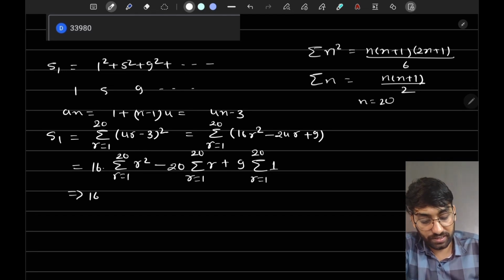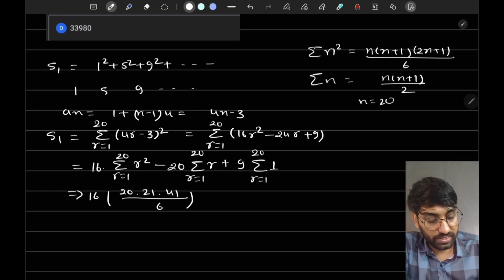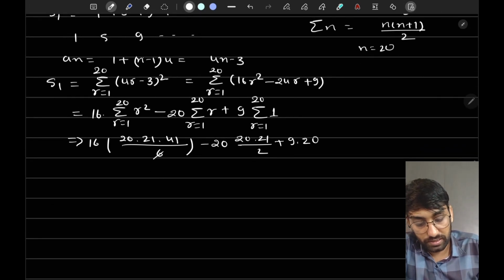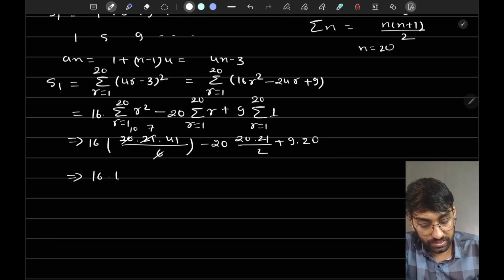So let's substitute. I will get 16 into 20 into 21 into 41 by 6, minus 24 times 20 into 21 by 2, plus 9 into 20. Correct? Now let's simplify. This will go 10 times, this will go 7 times. So in total I will get 16 into 70 into 41, minus 24 times 210, plus 180.